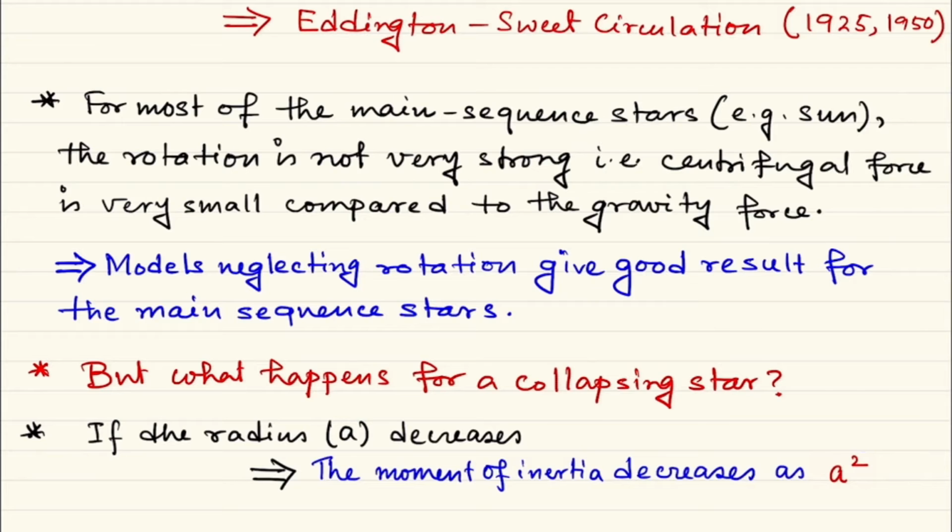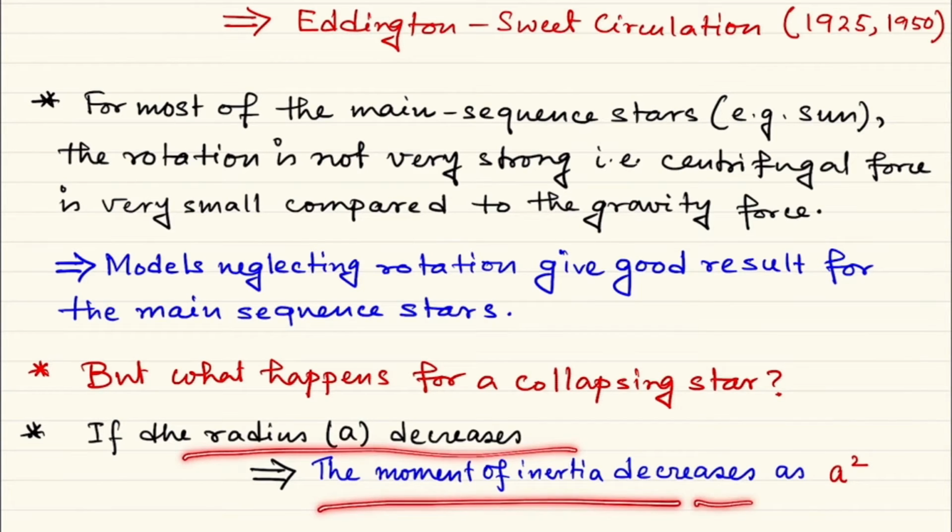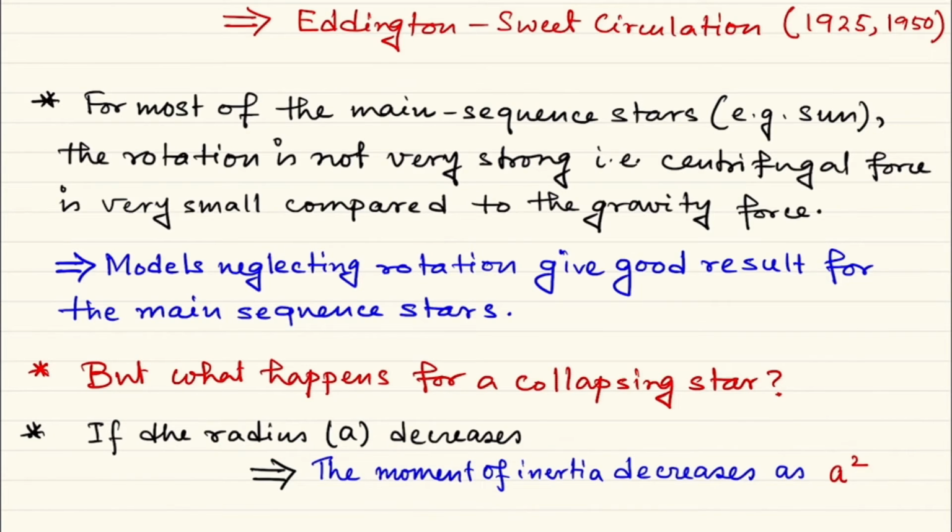Let's say for such a star which is collapsing under its self-gravity, the radius A decreases from some current value. And if radius A decreases, the moment of inertia decreases as well, because moment of inertia goes as A squared.